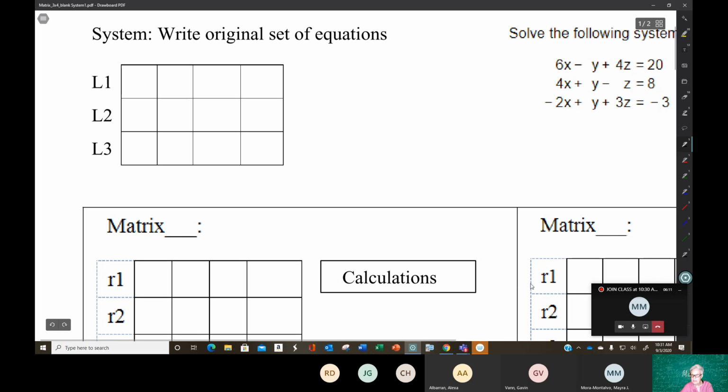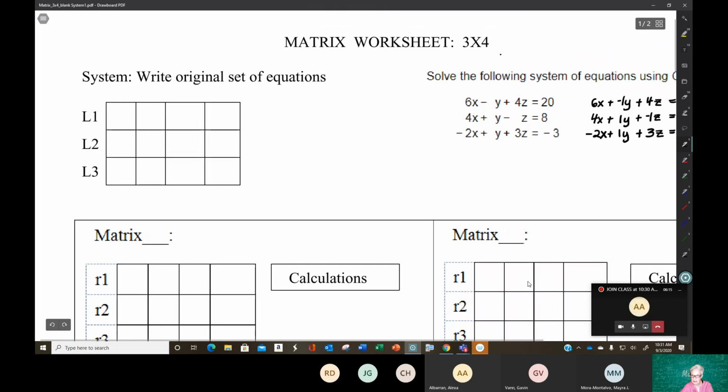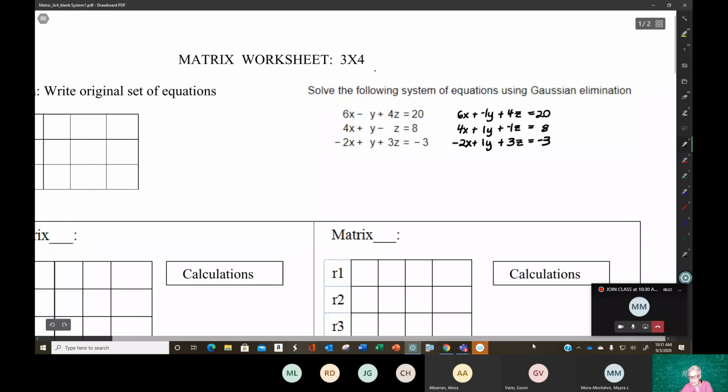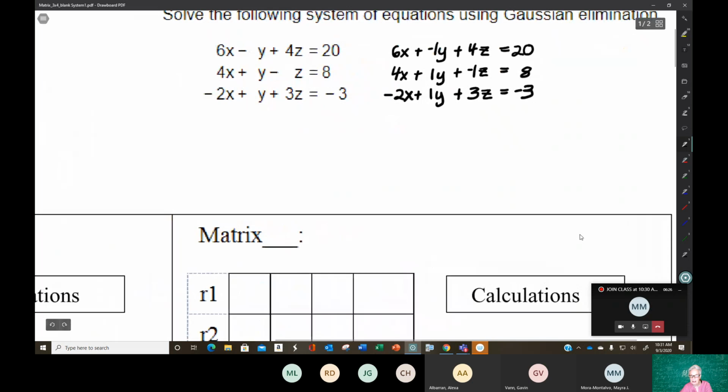And what I did, let me make this smaller, is I took the liberty of, let me move this over and then maybe make it bigger again, of taking this system of 3 lines.